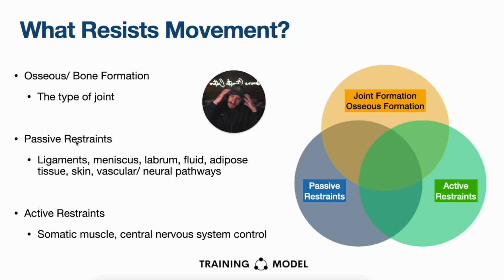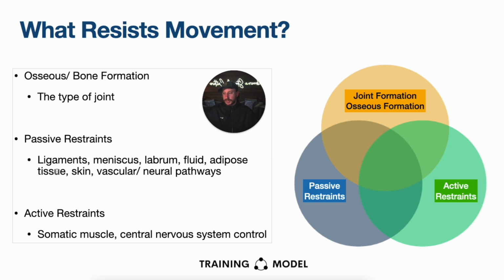There is nothing within our central nervous system that we can somatically and consciously control that creates a restriction in movement here, or that can stiffen up a joint. These are things like ligaments, your meniscus, your labrum. Joint fluid restricts motion if you want to get into fluid dynamics of joints.